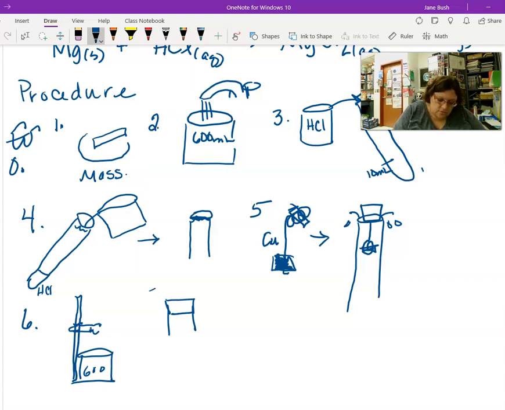Let's see if I can draw a thumb. That's not too bad. Could be better. So then your fingers will be over here. You're going to put your thumb on top, and you're going to turn it upside down so that you end up with the tube in your 600 milliliter beaker.